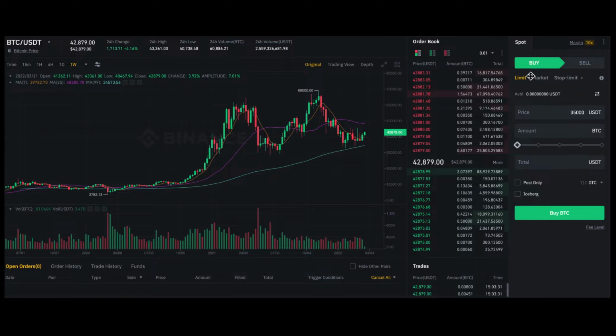For example, here on the top right, you can see that I selected $35,000. As the current price of a Bitcoin by the time we speak is actually around $42,800, the transaction will only go through once its price goes back down to the desired target. Buying crypto this way allows you to enter and exit at specific price targets that you'll have selected following your market analysis. Easy, right?